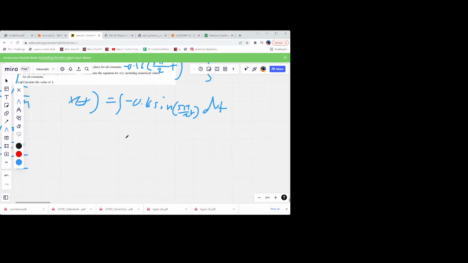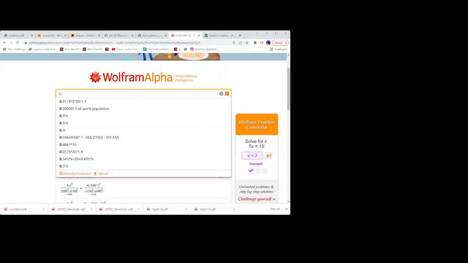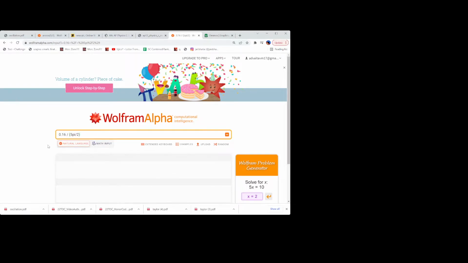Okay. So the integral of minus sine x should be cos x. Then I think we need to divide by 5 pi over 2. So I mean, actually, we can just construct what it will be. I don't know why I'm even bothering integrating it.